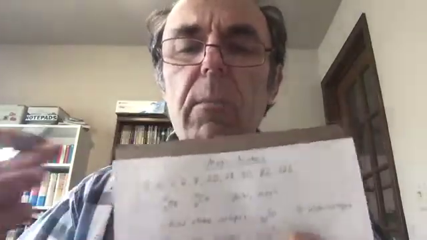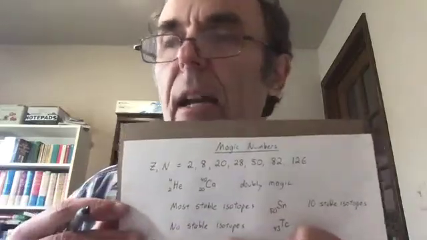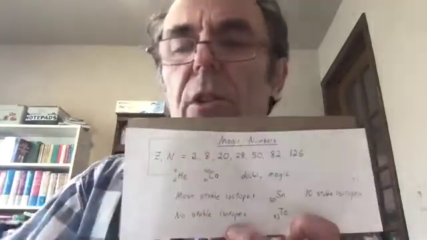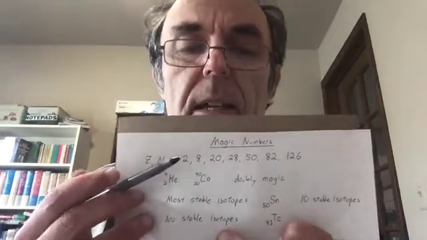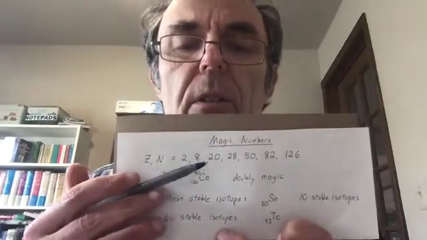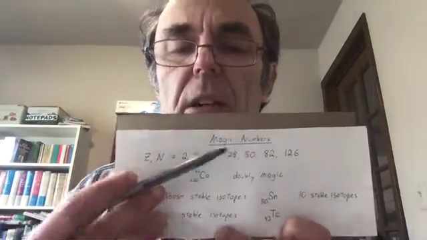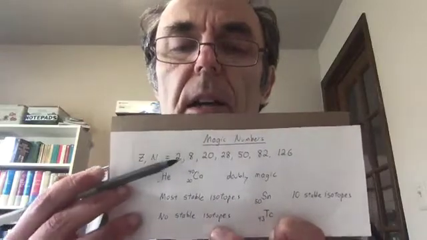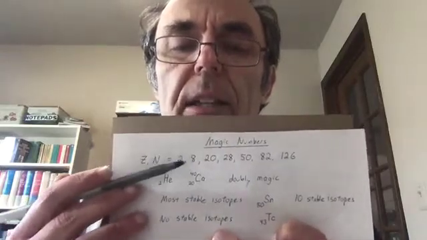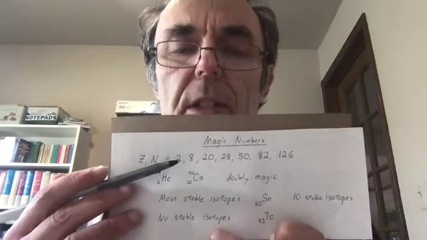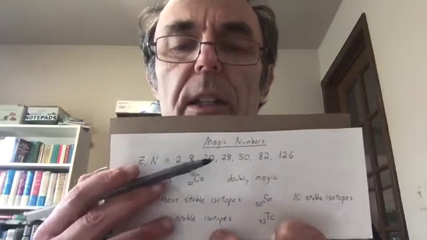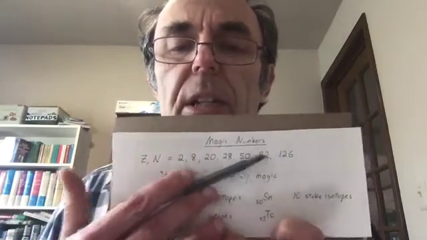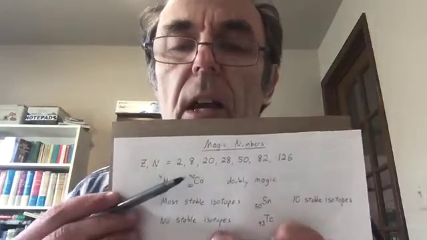Well, there are similar types of shells in nuclei. You could solve them using quantum mechanics. And it comes out that there are certain nuclei that have filled shells that are particularly stable. And the numbers of nucleons in these shells are called magic numbers: 2, 8, 20, 28, 50, 82, and 126.